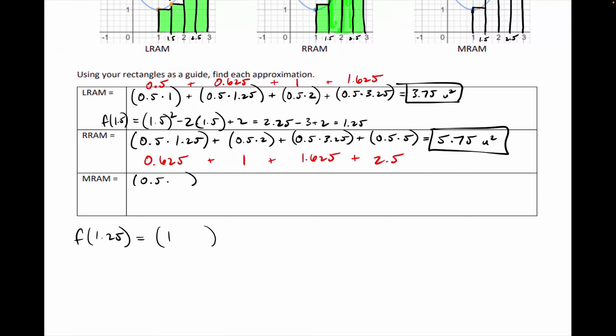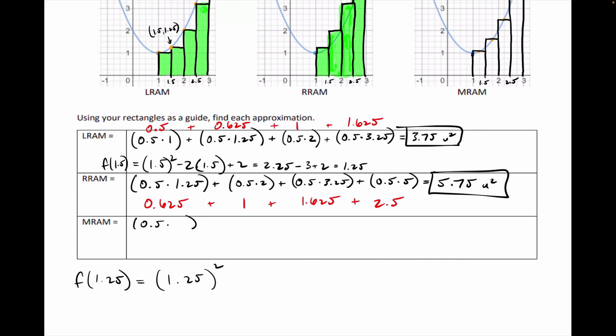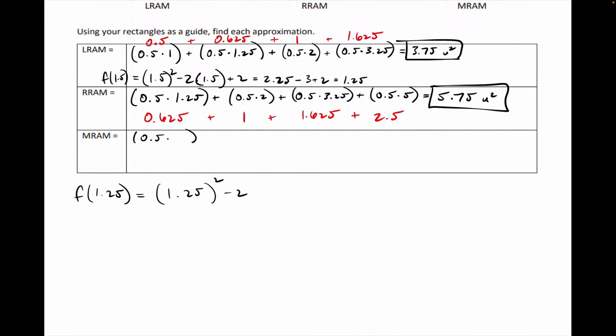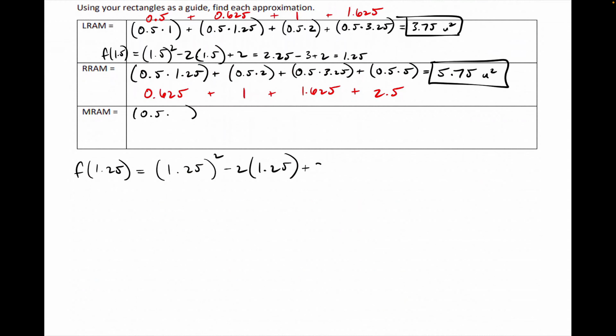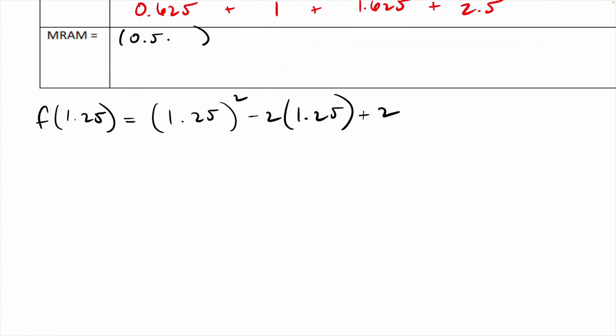So it's 1.25 squared minus 2 times 1.25 plus 2. When you do that, it's 1.0625.